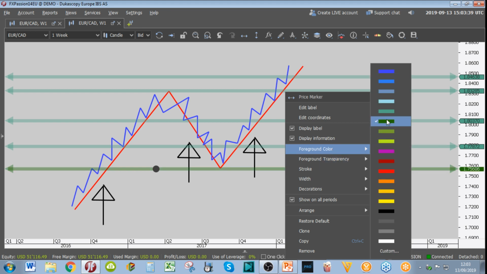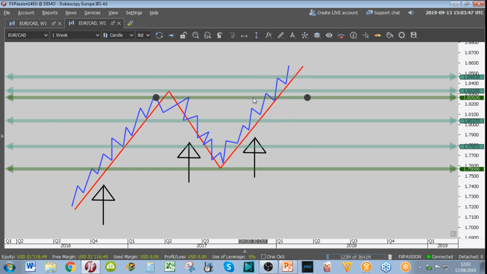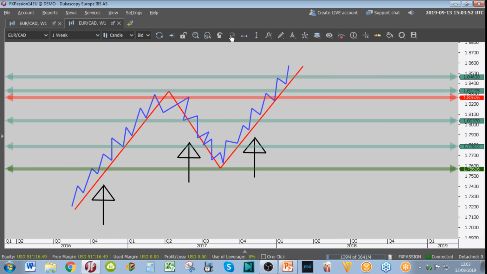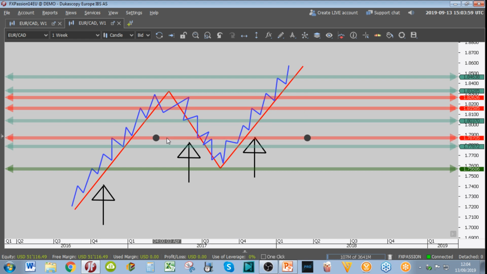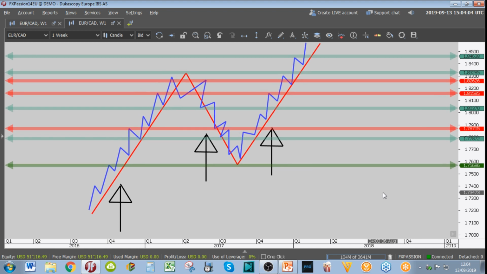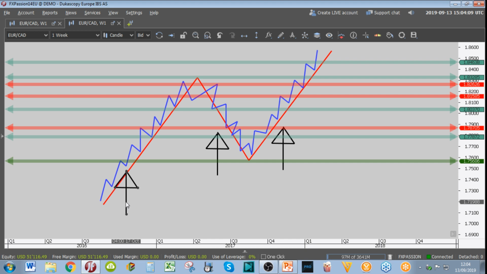Let's circle this in green. And of course we're going to have some resistance along the way, so this is going to be resistance. The red is resistance 1, one more, resistance 2, resistance 4. Okay, enough, it's going to be too much. This is the market wave, composed of extension, retracement, extension.